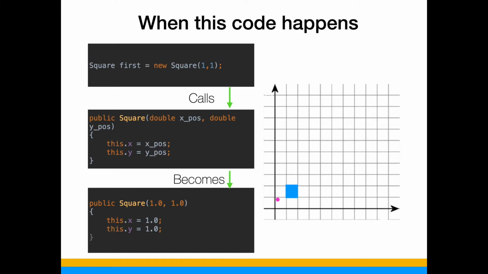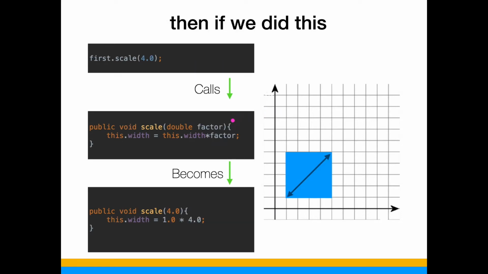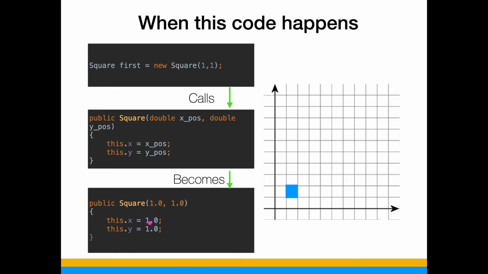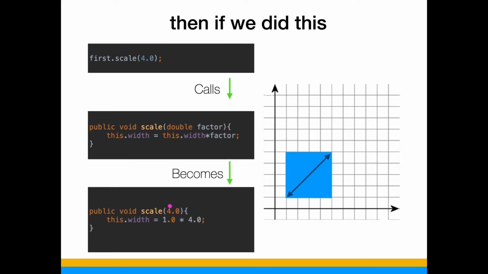So then if we called scale on that object that we created first, with 4.0, it's going to call this function where this is the code. Replacing it with that 4.0, it becomes 1.0, which was the original width we had on the previous step. If you remember, we had a width of 1.0 because that's the default, and then it becomes 4 times as big because that's what we're telling it.